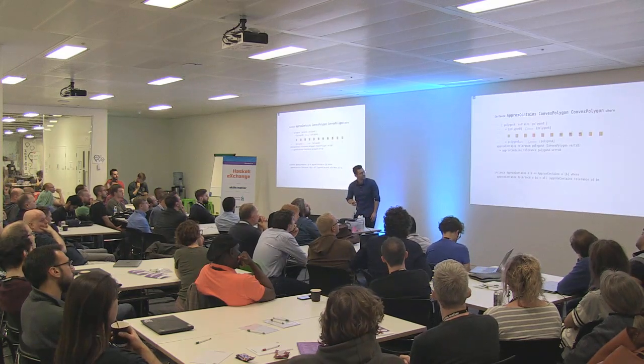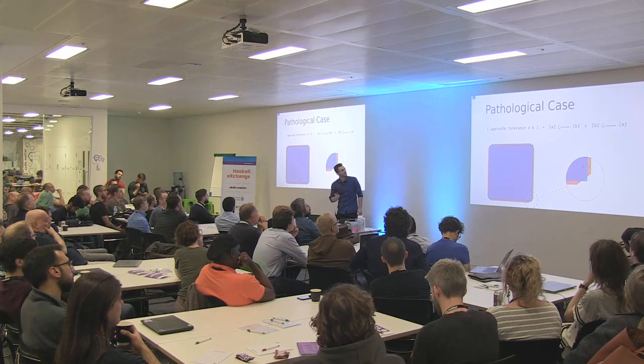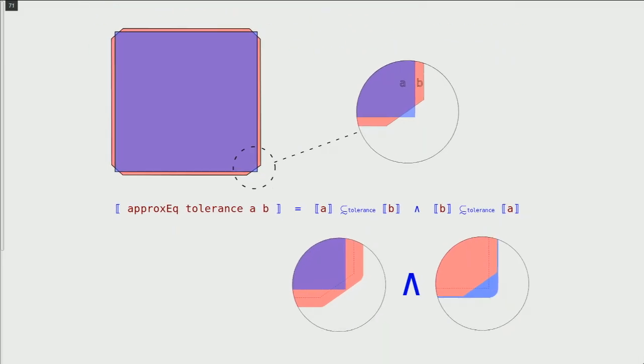So we have approximate contains of convex polygon, convex polygon. So let me think again back to our pathological case. I hope you remember this. Does it mean that they're equal now? Now that we've defined all these denotations and we've defined what it means to be equal, we can think in terms of those denotations, and we can look a bit closer.